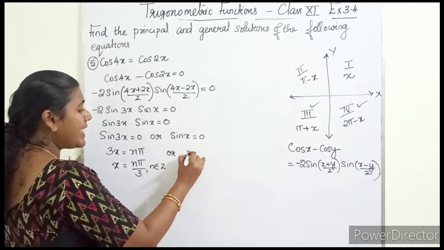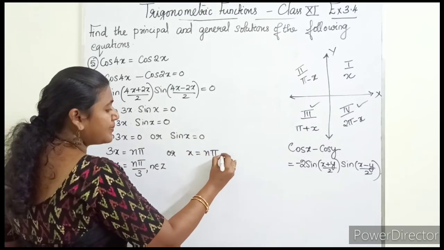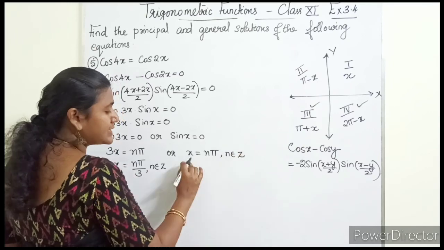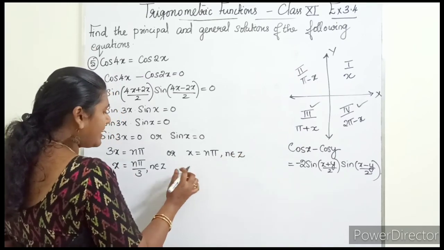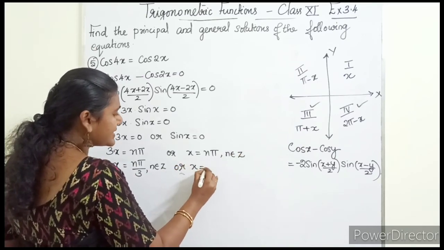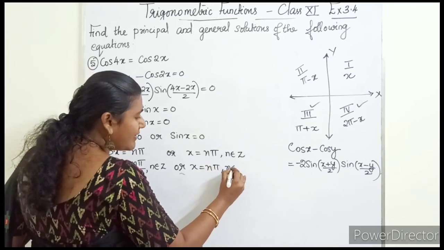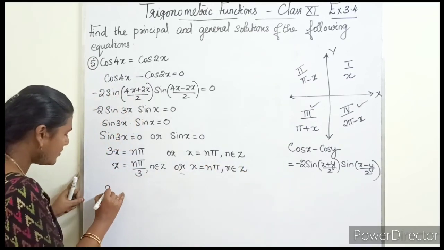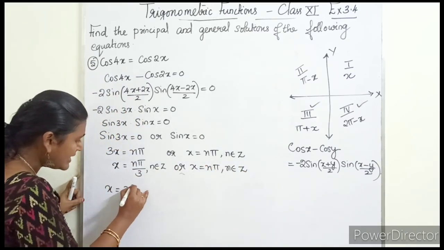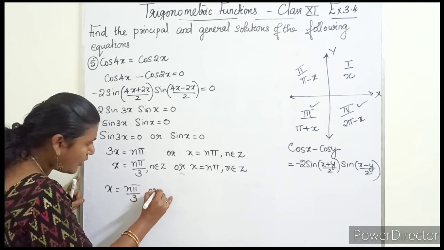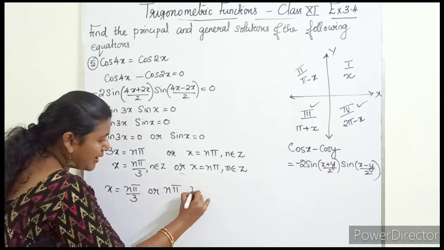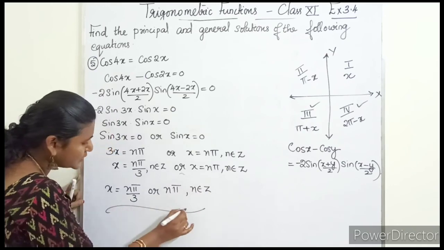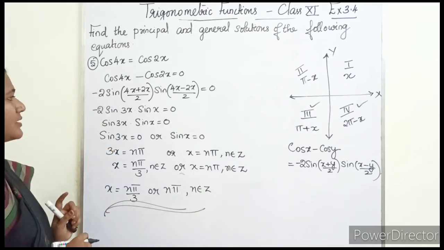Here also x is equal to an integral multiple of pi. So x is equal to n pi, where n belongs to Z. Therefore the solution is x is equal to n pi by 3 or n pi, where n belongs to Z. So this is the solution of the fifth question.